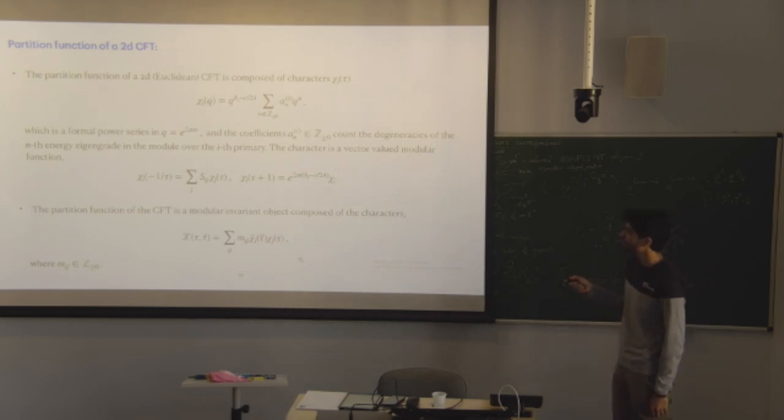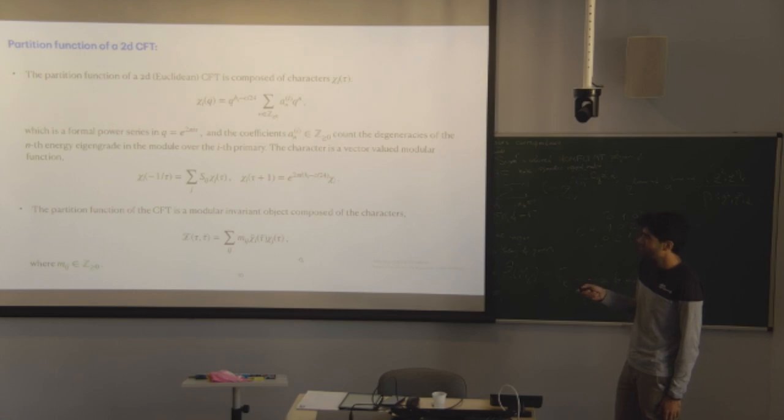So because you're on a torus, you could define modular S and T transformations, which would take the torus parameter from tau to -1 over tau, and then the characters transform as follows. So these Sij's are some numbers which tell you the modular S matrix of the CFT.